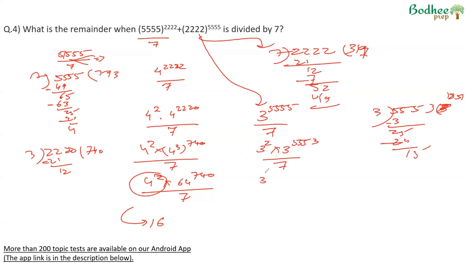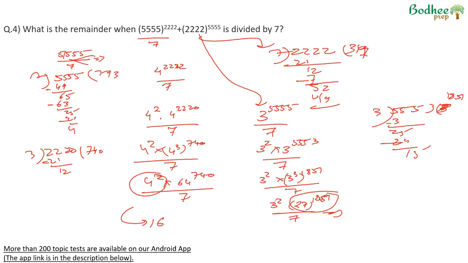This becomes 3 square into 3 cube raised to 1851. 3 cube is 27, so 27 raised to power 1851. 27 is 28 minus 1, and 28 is divisible by 7. So from here, the remainder will be minus 1 raised to power odd, which is minus 1.